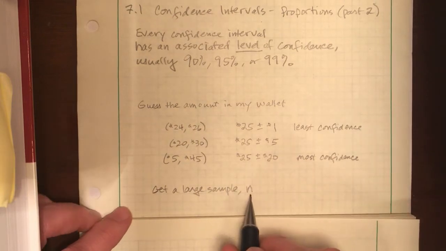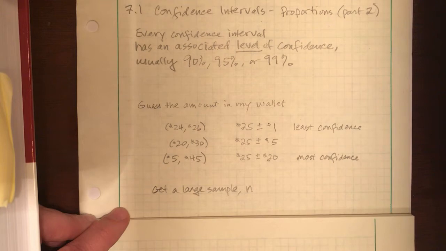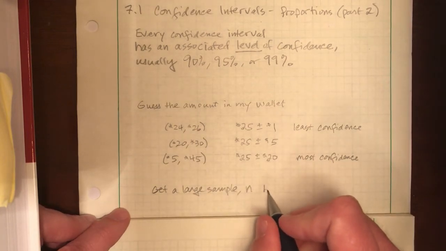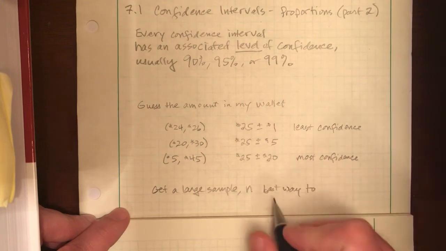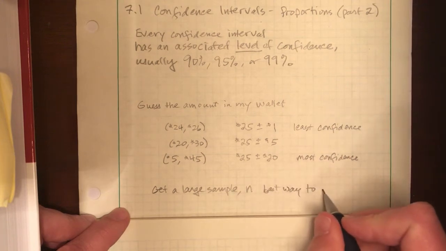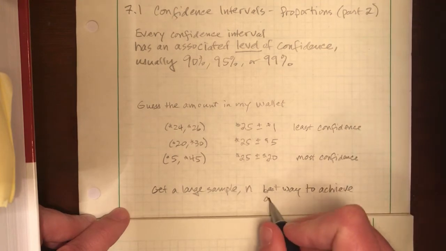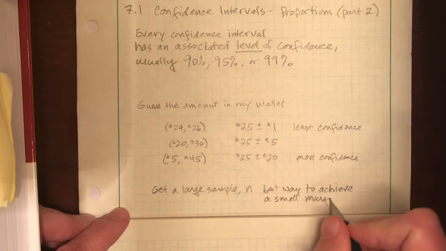If you get a large sample size, that is your best way to reduce your error and still maintain a high level of confidence. So to get a large sample size is the best way to achieve a small margin of error.